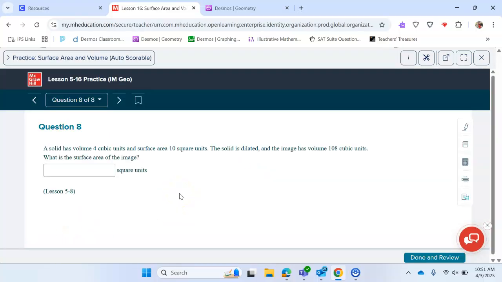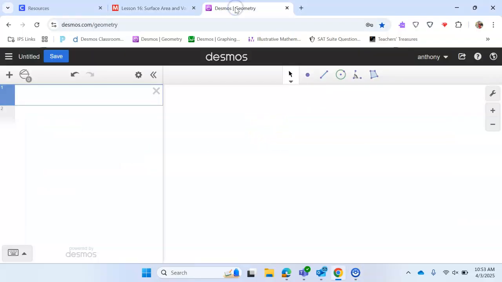Question 8. A solid has volume 4 cubic units and surface area 10 square units. The solid is dilated and the image has a volume of 108 cubic units. What is the surface area of the image? Volume is cubed, so the cube root of 108 divided by 4 you can see is 3.